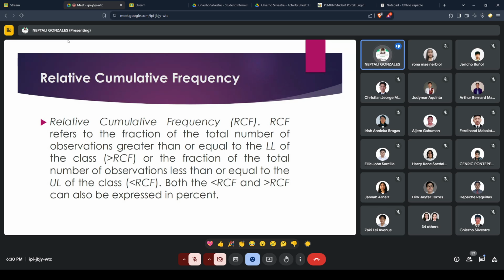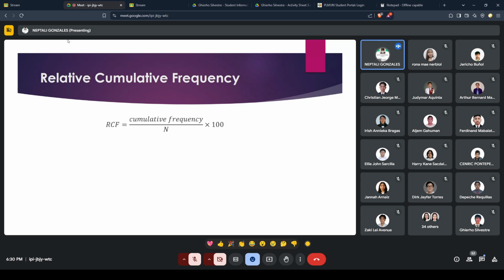In other words, in computation, it is given by the formula RCF is equal to cumulative frequency divided by n times 100. So same as if you are just finding the relative frequency. It just so happened that we are going to compute for the relative cumulative frequency.